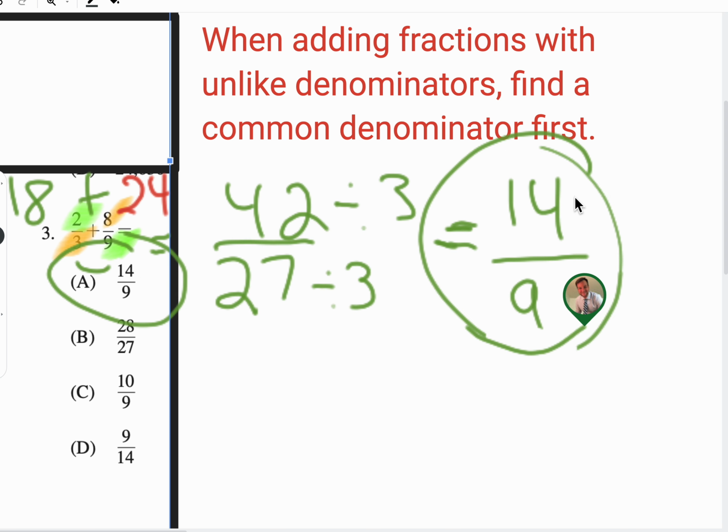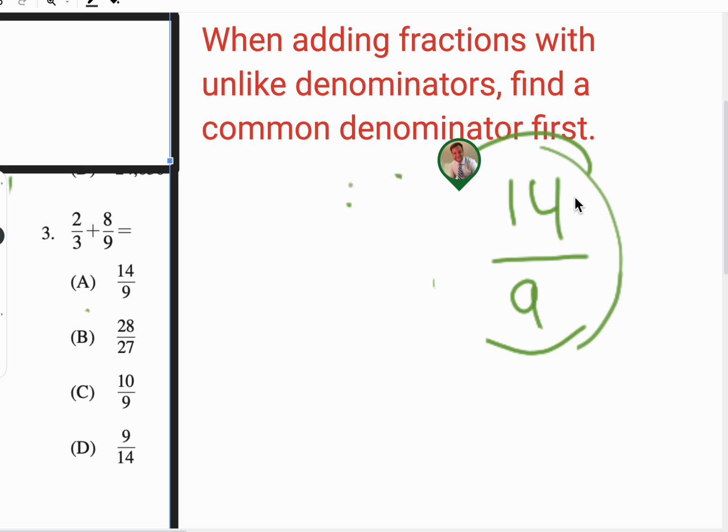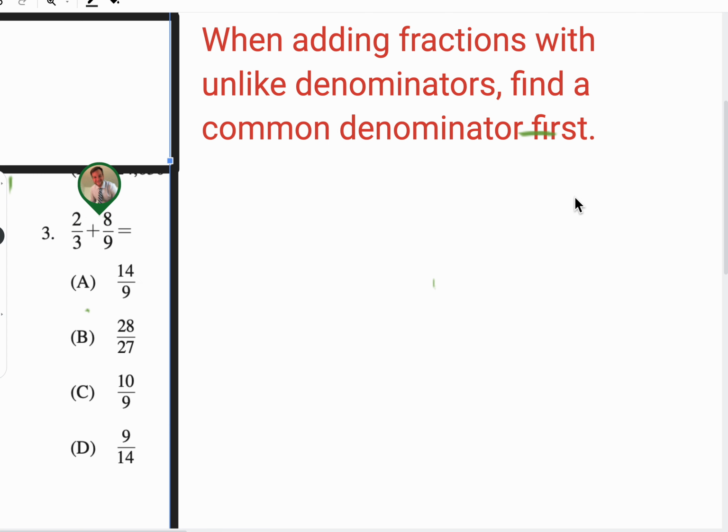Now the other way to solve this problem is we can find common denominators. As we wrote into the board, when adding fractions with unlike denominators, we find a common denominator first. The common denominator here between 3 and 9, the lowest will be 9.